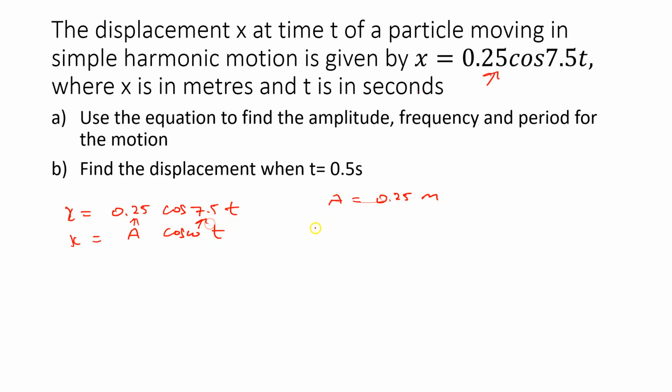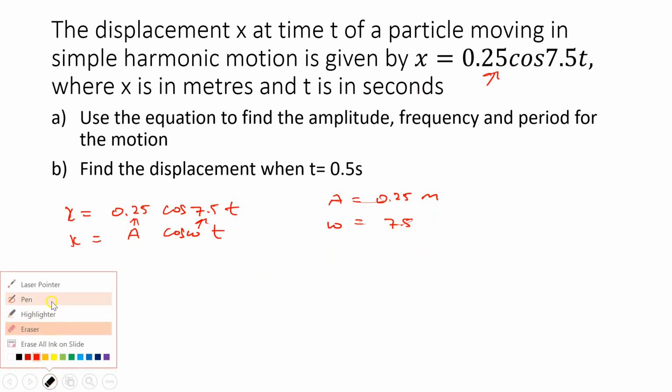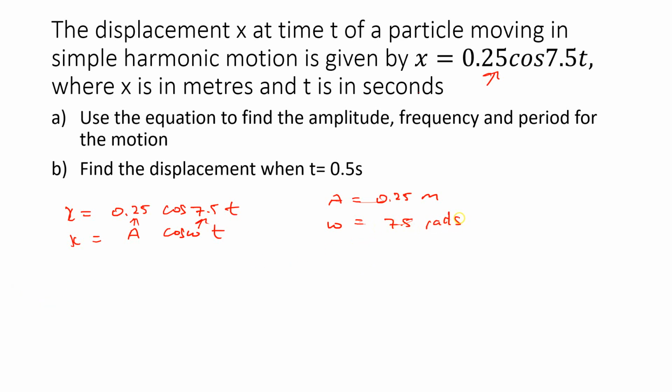By comparing this, you know that omega is equal to 7.5 rads per second. The unit for omega is rads per second. So this is what we have so far. This information here is the amplitude. We know the angular velocity.